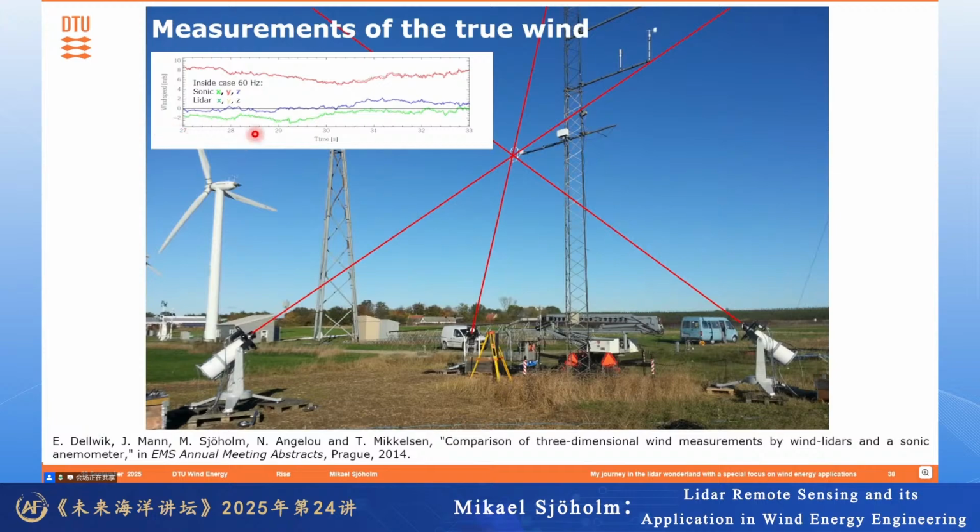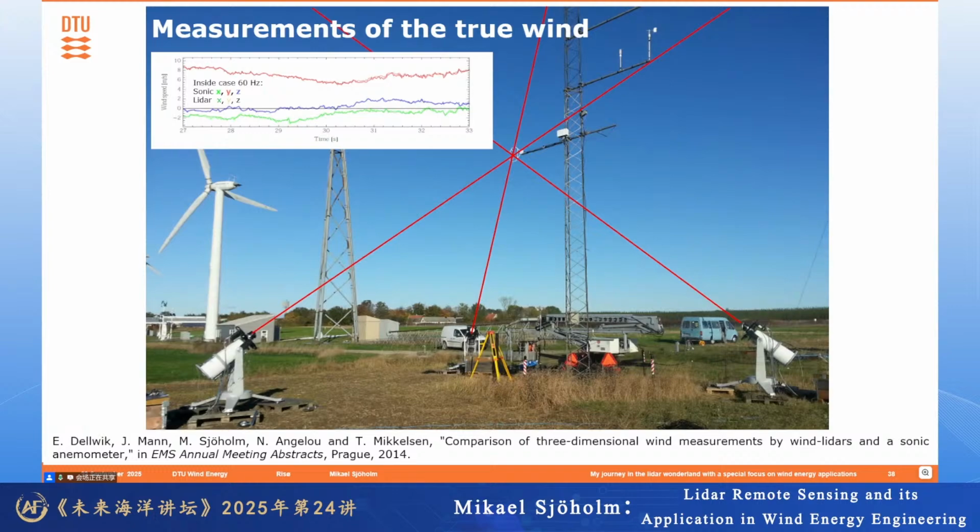One from the lidar retrieval and one from the sonic. They are almost following each other, and this is not averaged over several days. You can notice that the timeline here is just 6 seconds from left to right, so you can really follow the high frequency fluctuations of wind.